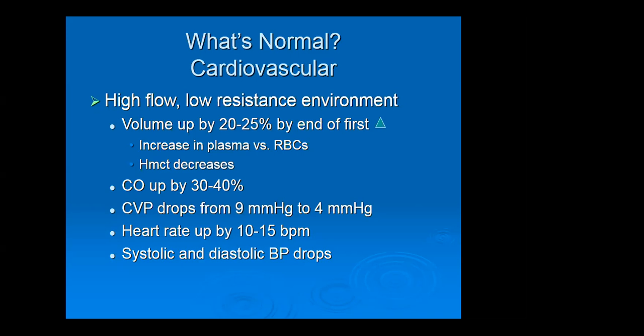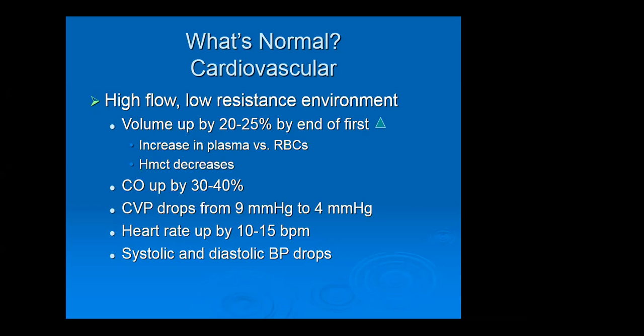Again, something we have to keep in mind when evaluating vital signs is that they should have a more elevated heart rate. If we look at their heart rate in comparison to, say, yesterday with a trauma patient, if their heart rate is low, they may not be compensating as well as what we would expect in a normal patient.